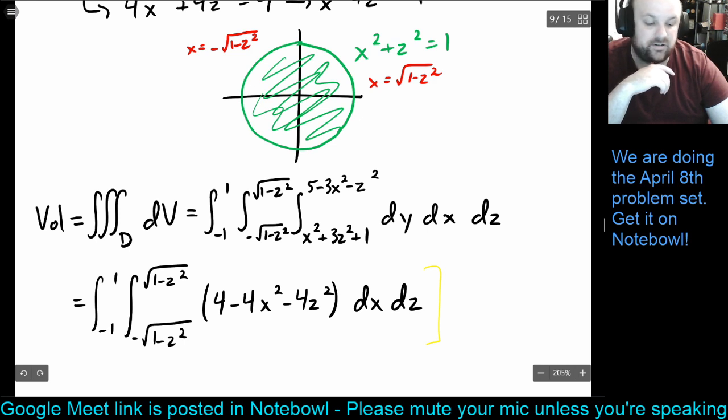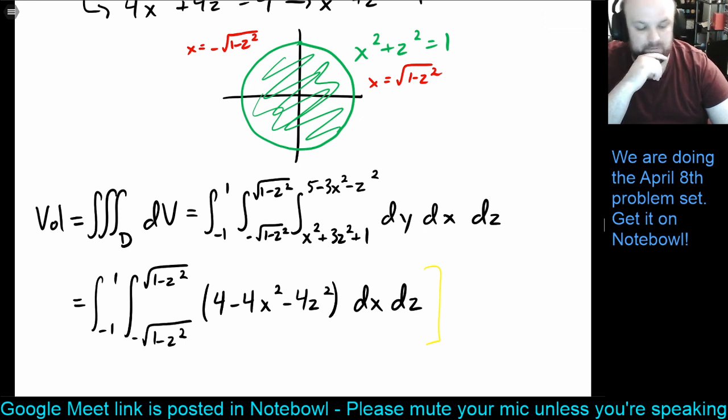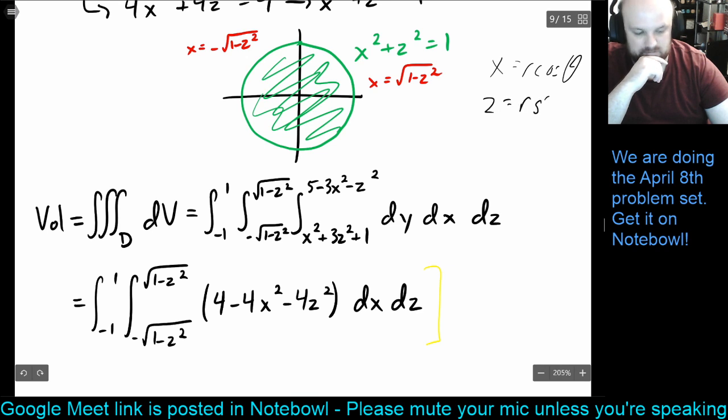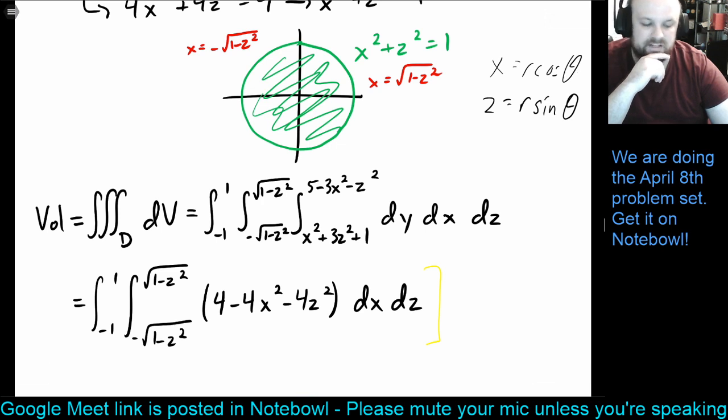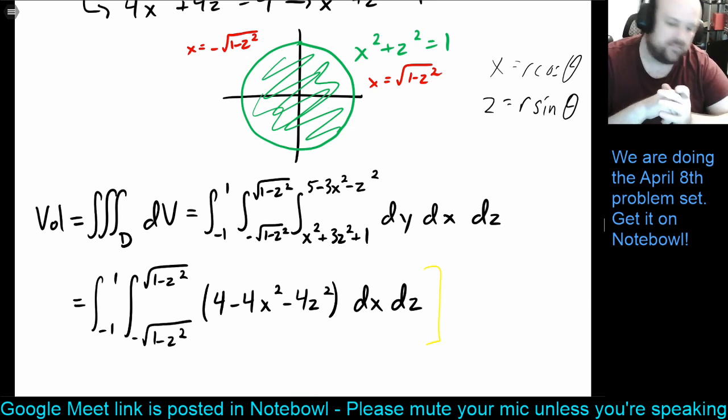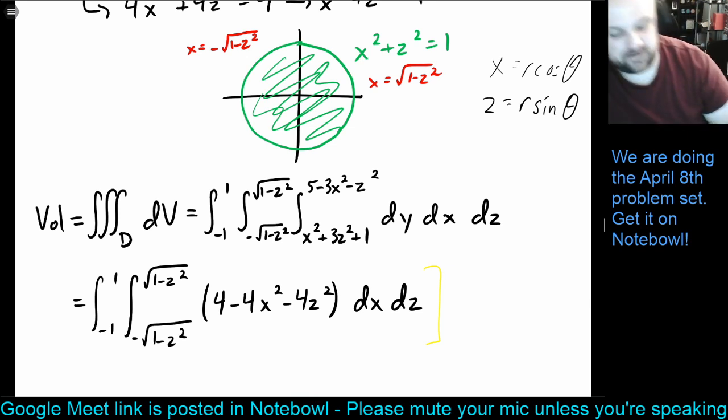Now, this isn't your usual x and y, but why not say x is r cosine theta? We want to use polar, where instead of y we just have z, but it's the same thing. So we can switch this to polar.